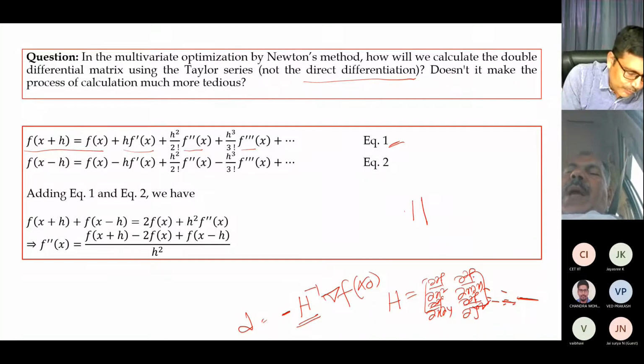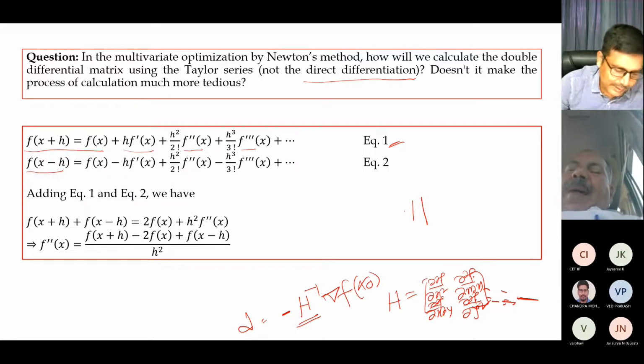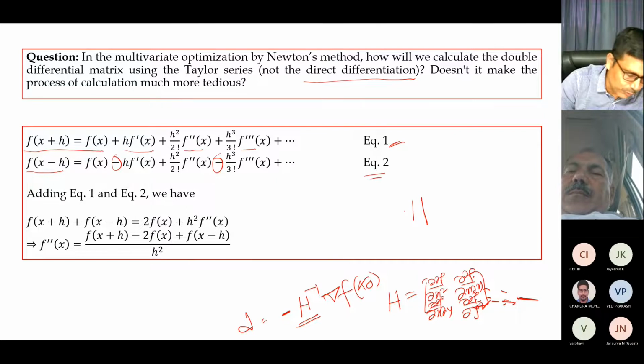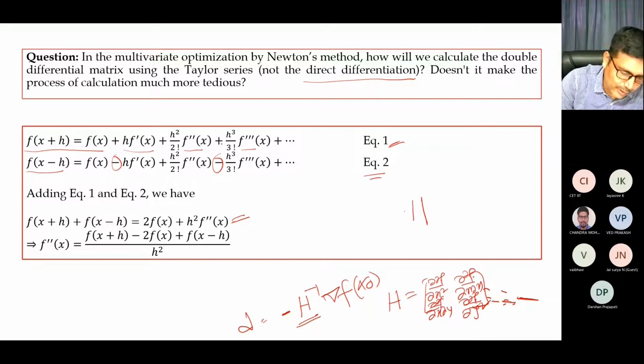Similarly, I can also write f of x minus h. In that case, the odd-order terms will have a negative sign. Now if I add these two equations, equation 1 and 2, I will get this particular equation. I am also ignoring the higher order derivatives. The positive and negative terms will cancel out, and the first derivative will also cancel out.